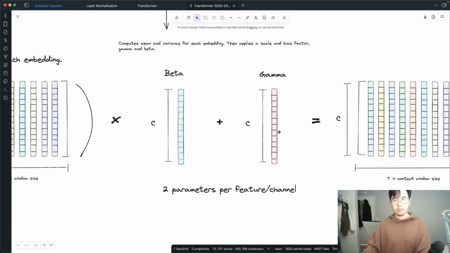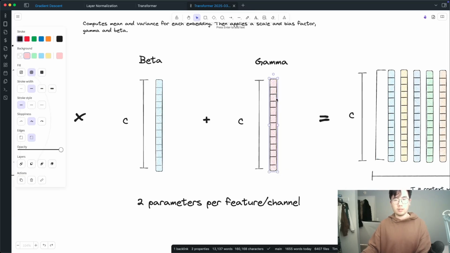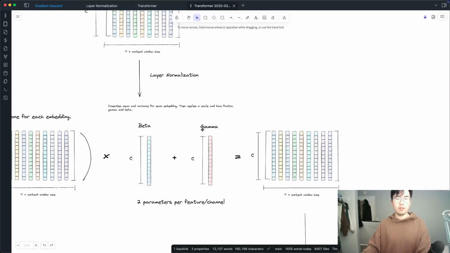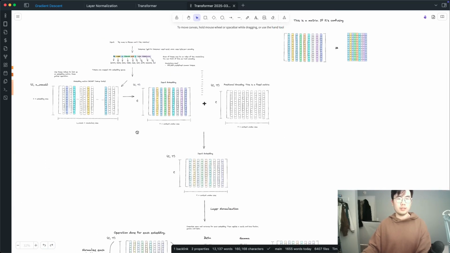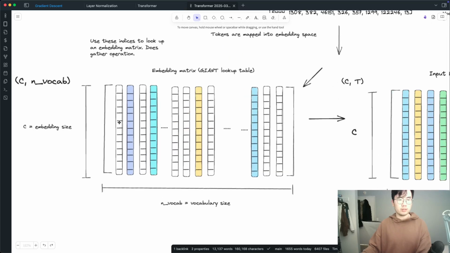The rows are a lot less jarring. Ungroup selection. See, this is jarring. This is jarring to the eyes.